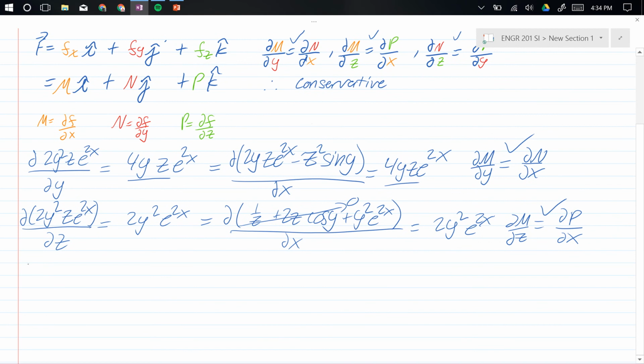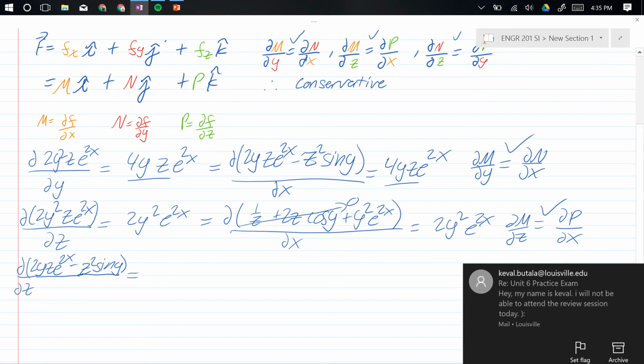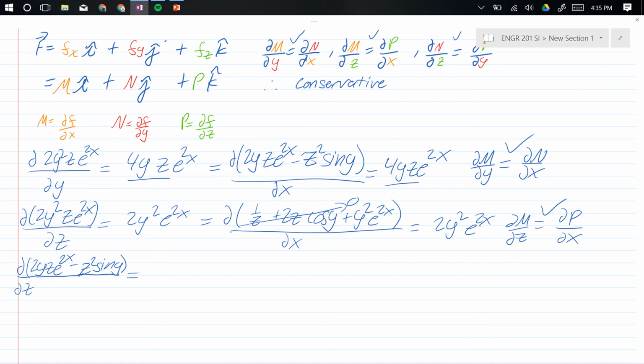And now the partial of n with respect to z. Partial of n, which is 2yz e to the 2x minus z squared sine y. So this would equal 2y e to the 2x, because the z would just go to 1, minus 2z sine y.